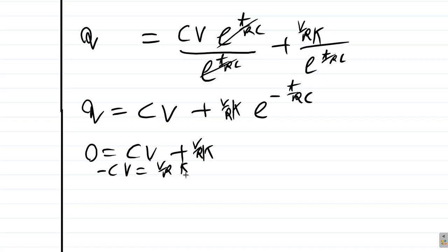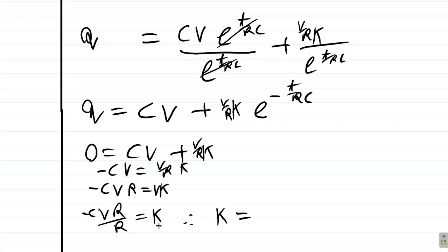So you transpose for K. If you multiply both sides by R, you get negative CVR equal VK, and then you divide by V, you get negative CVR over V equals K. So therefore K equals, well, R would cancel R. So you have negative CVR, and then you divide by V, not R, my.